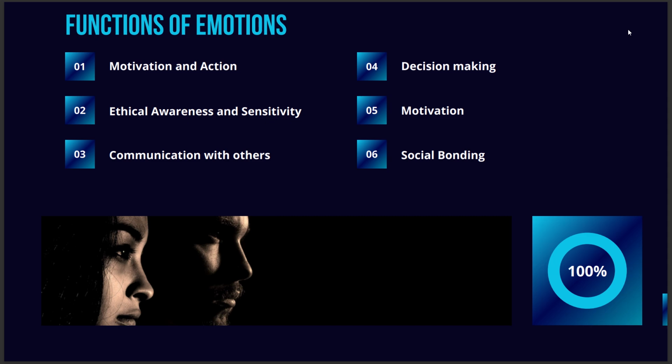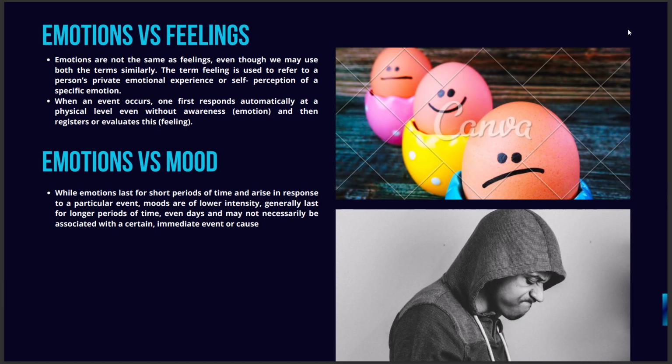Now let us look at the differences between emotions and feelings. Emotions and feelings are not the same. Even though they might sound similar, the term feeling is used to refer to a person's private emotional experience or self perception of a specific emotion.